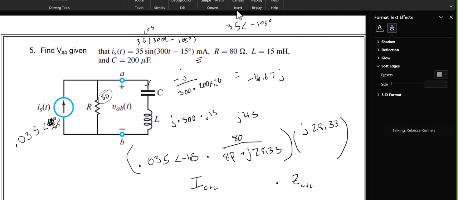And the answer's not right. I think you add 90 to the angle, you subtract it. I got 0.0935 angle negative 34.5. Yeah, isn't that supposed to be 4.5, not 0.5?